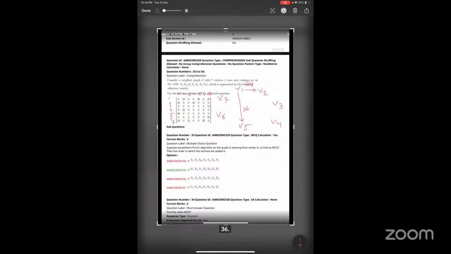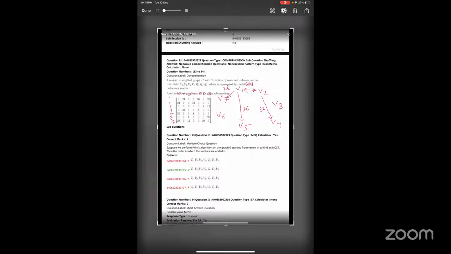V1 to V7, we have... Then V2 to V1, that means this is both sided, right? Yes, it is an undirected graph. So then 2 to 4, that means this edge with 32.